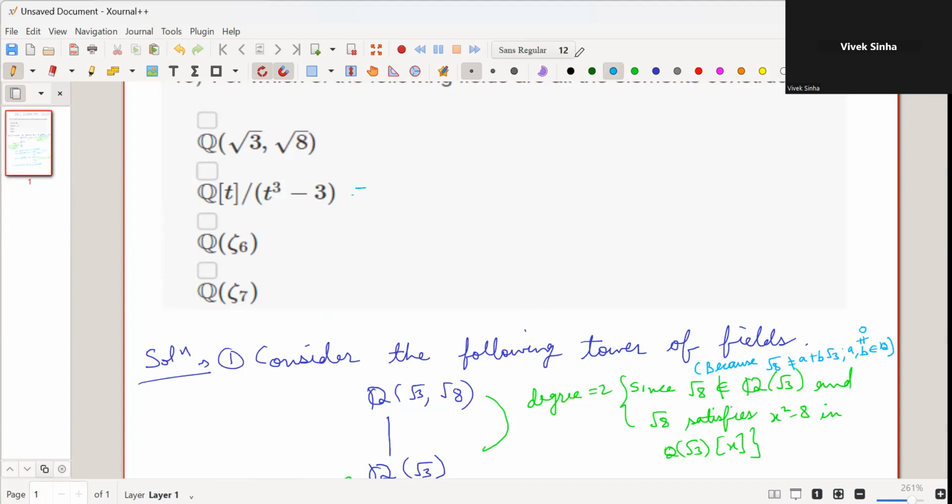So this is isomorphic to Q of 3 to the 1/3 and also Q of 3 to the 1/3, xi 3. Just a second.